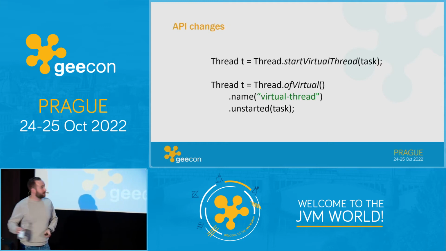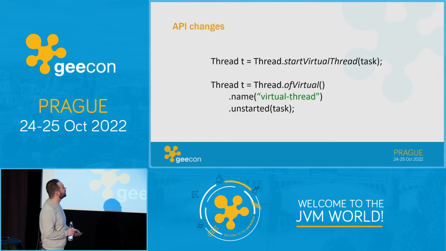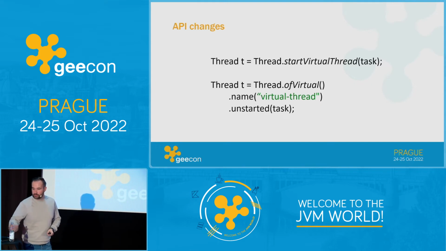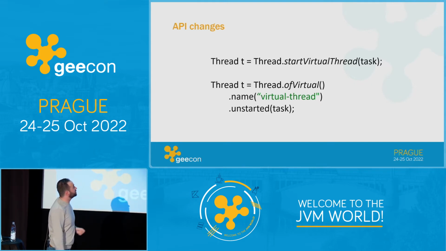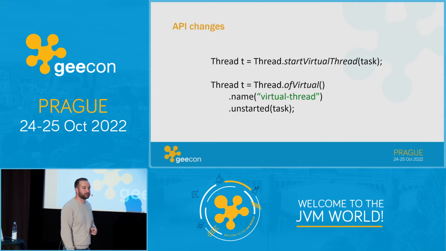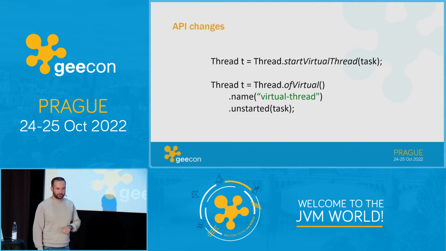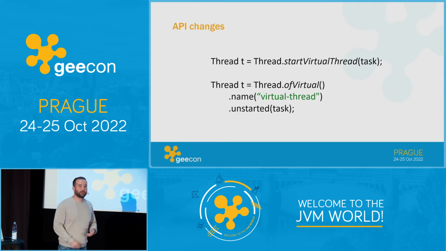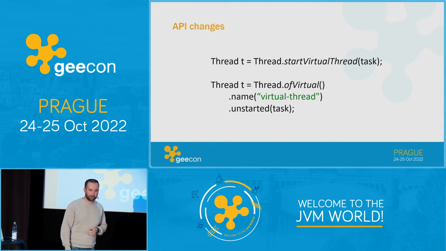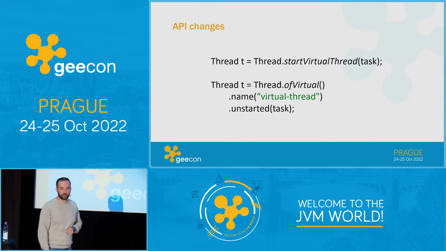So this is the thing you really want to see, and that's how the API has changed. So at the top, I have this Thread class, and I will call the new startVirtualThread method. It takes a Runnable as its parameter, and after this line, a virtual thread will immediately start running. And in the second example, the one at the bottom, I use the new builder method, Thread.ofVirtual.